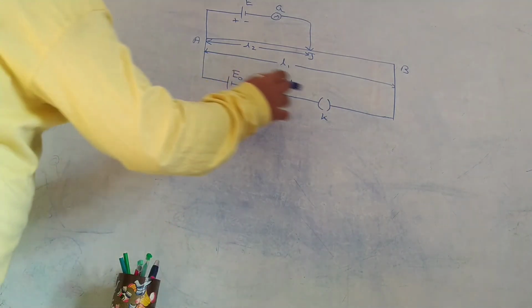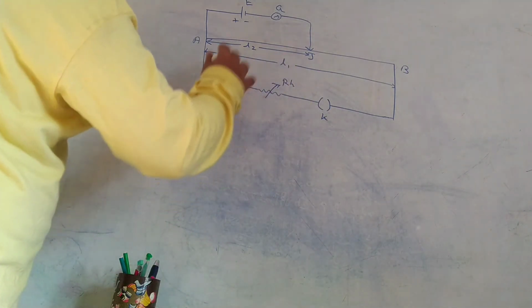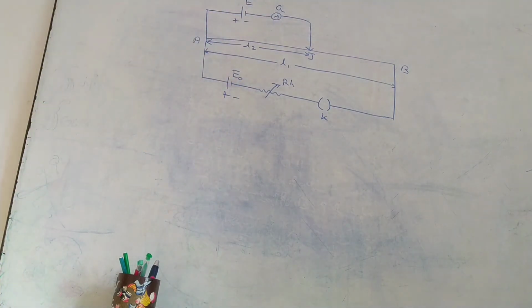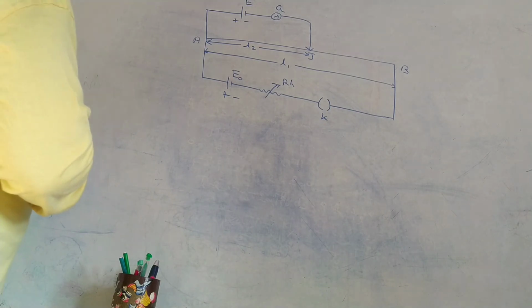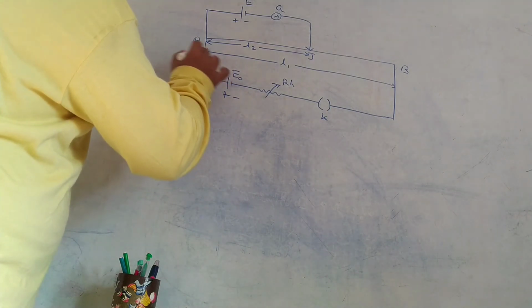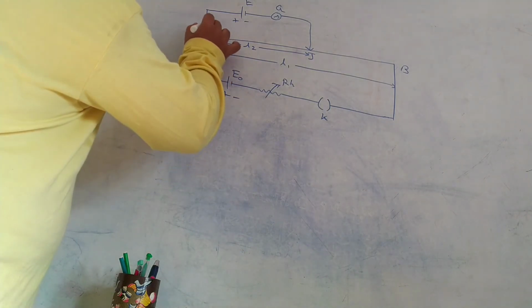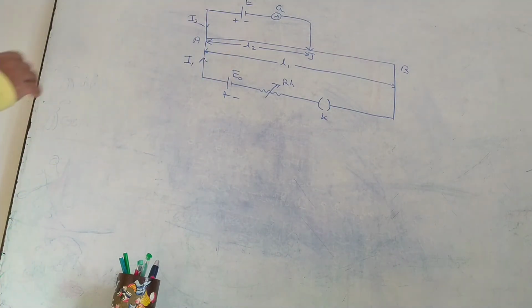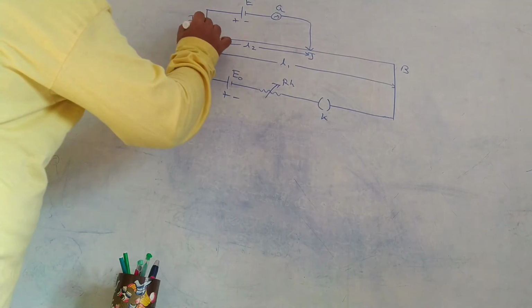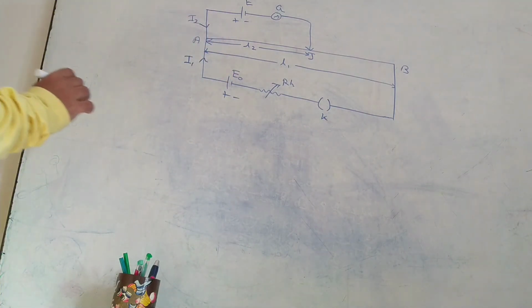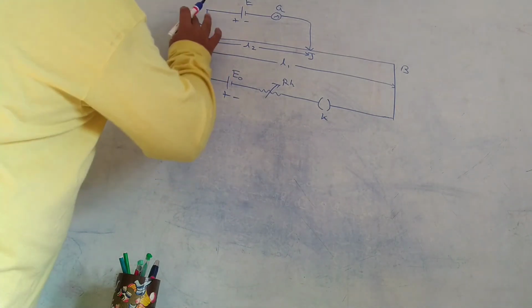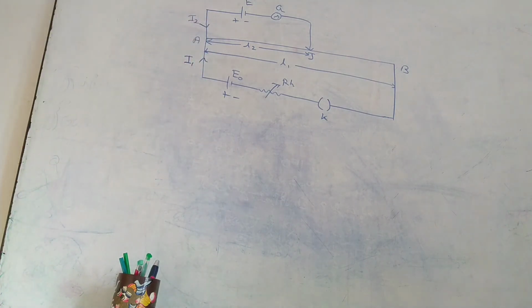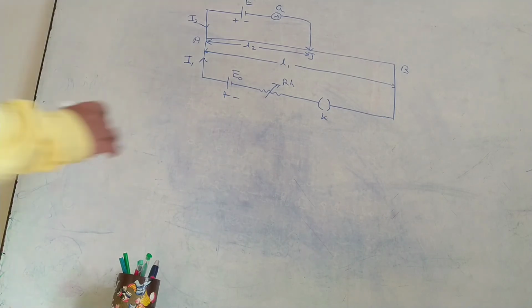When the key is on, the current passes through the circuit and the galvanometer shows some current. At the null point, the two currents produced by E0 and E are same and opposite. That's why I1 and I2 nullify each other, and the galvanometer current will be 0.